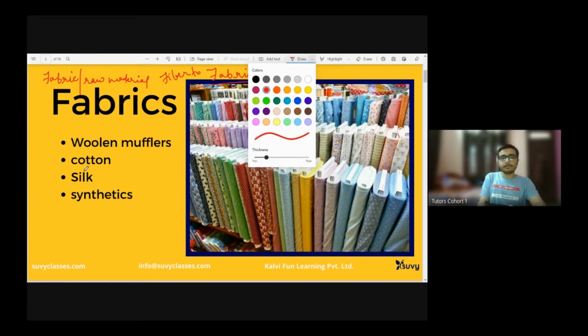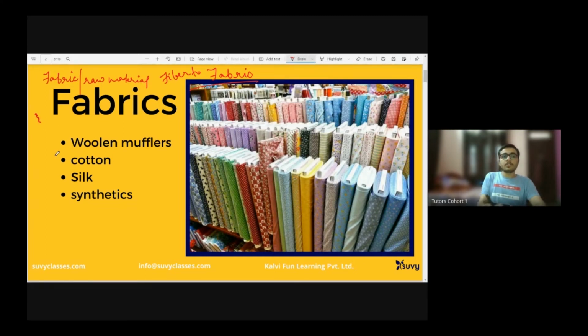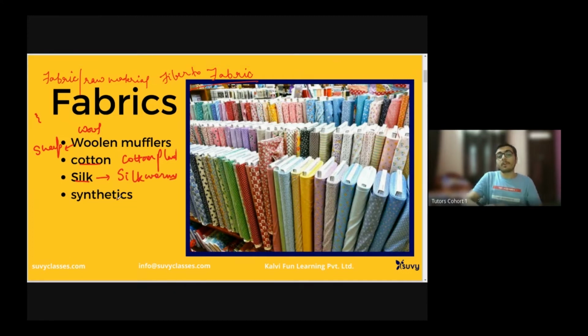So wool comes from sheep, cotton comes from the cotton plant, silk comes from silkworms. You know this? Silk comes from silkworms. Silkworms are insects that produce silk. Now, they make a cocoon around them.